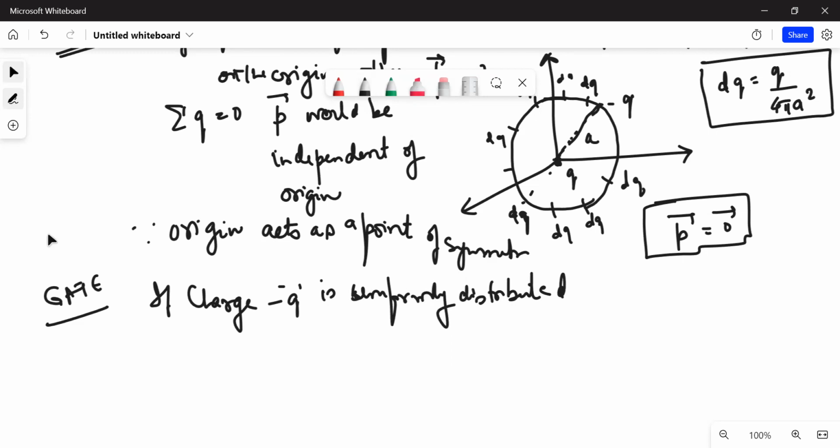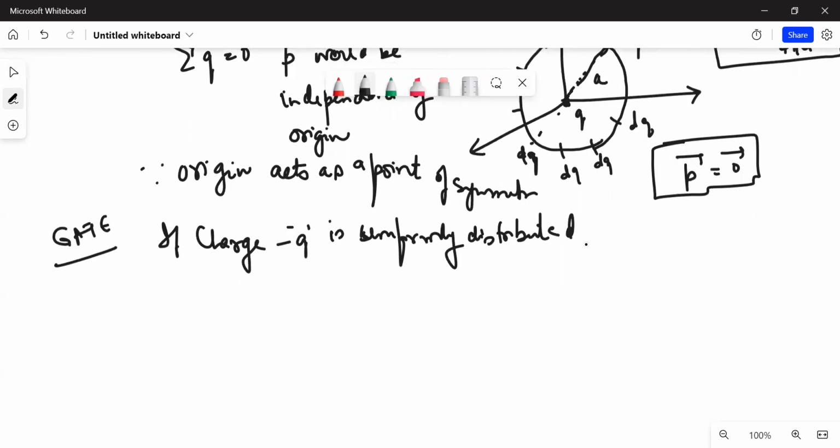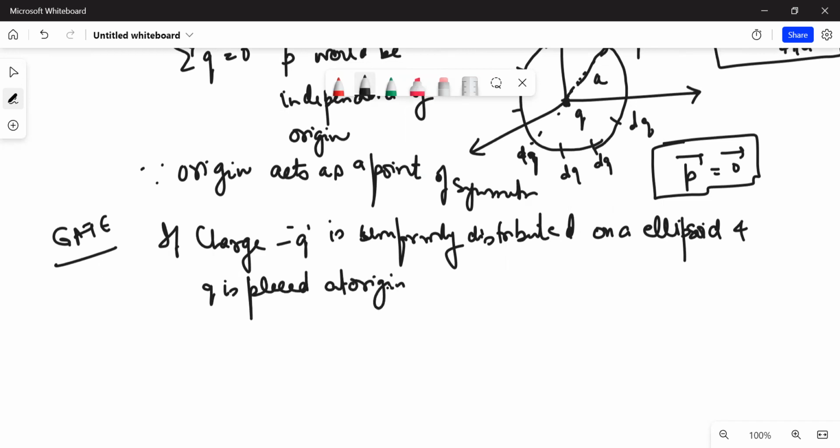If charge minus q is uniformly distributed on an ellipsoid and q is placed at the origin, then what can be concluded? One thing is that the p vector, the net dipole moment, would be independent of origin.